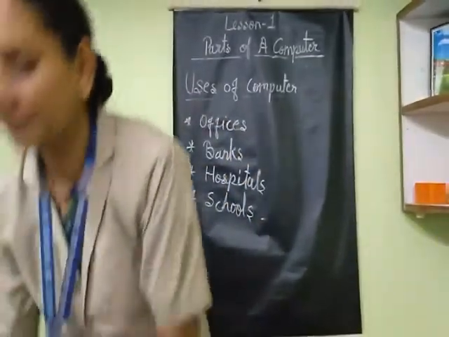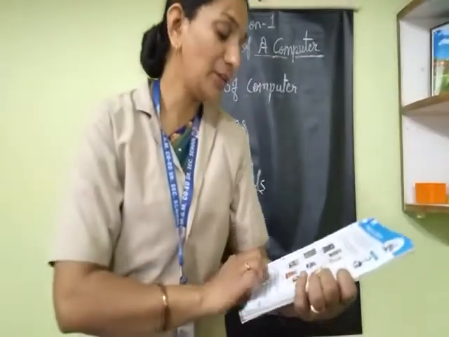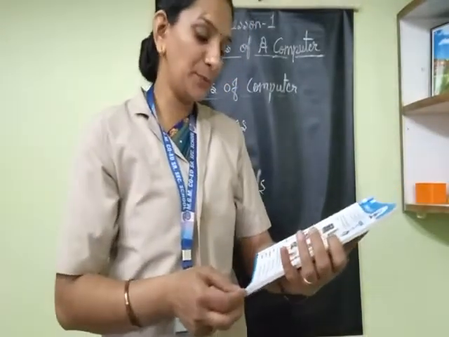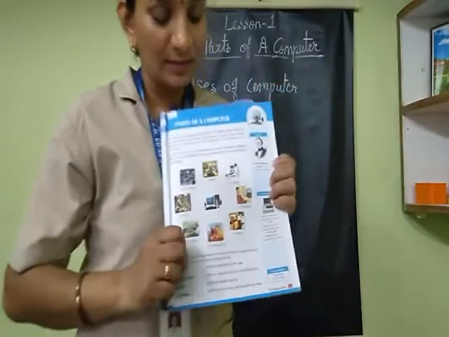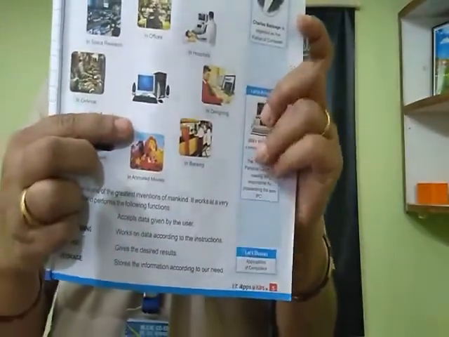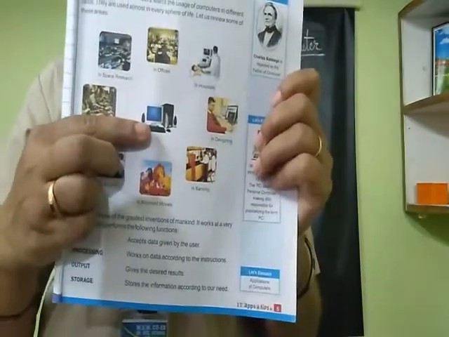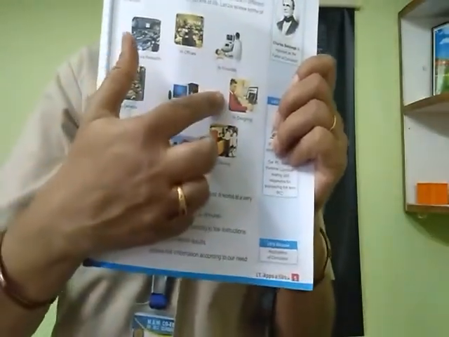So students, right now you can see in your textbook on page number 5. Just see, there are some pictures of uses of computer. Look at it. Okay.